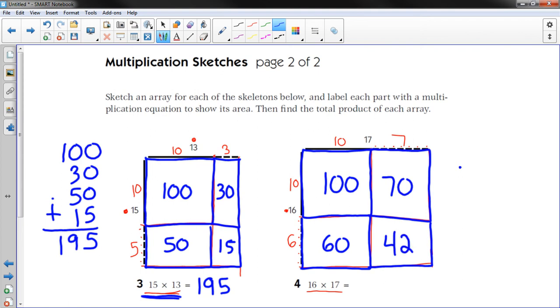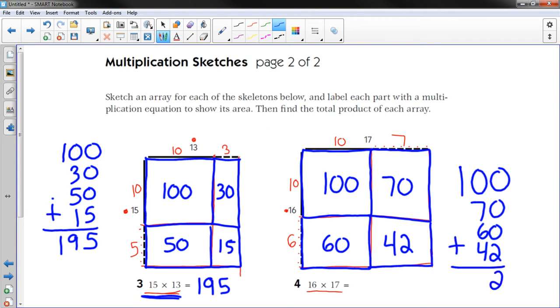Now I just need to add those up. So I have 100, I have 70, I have 60, 42. So 2, 6, and 4 are 10 plus the 7, 17, carry the 1, 272. So the answer to 16 times 17 is 272.